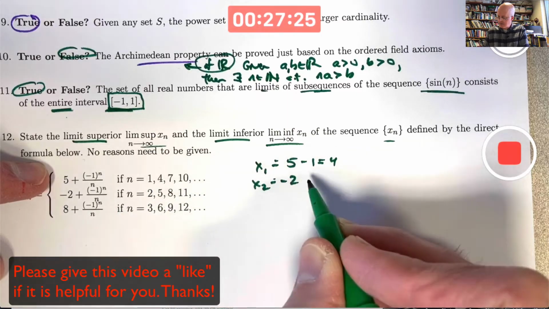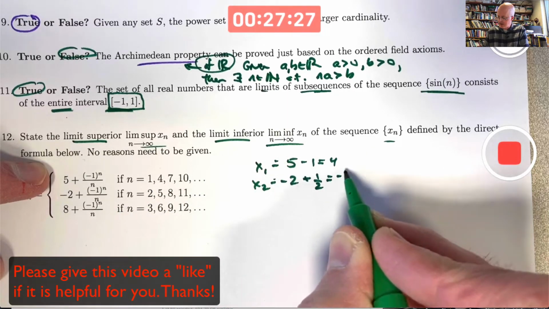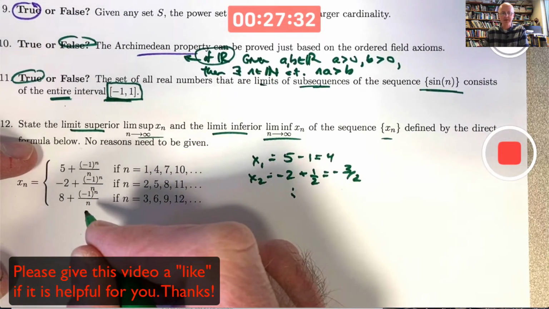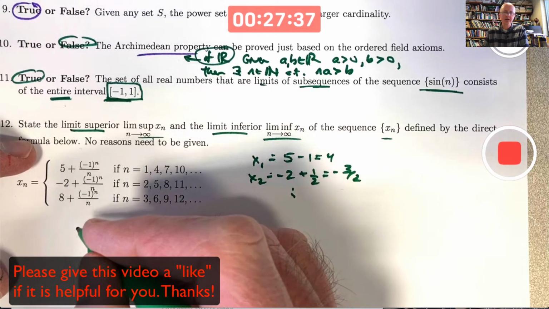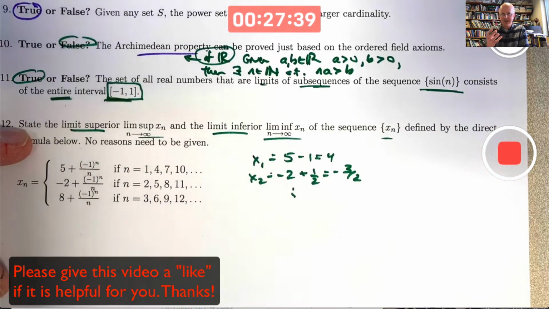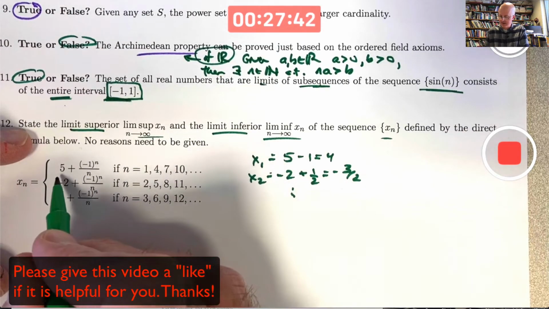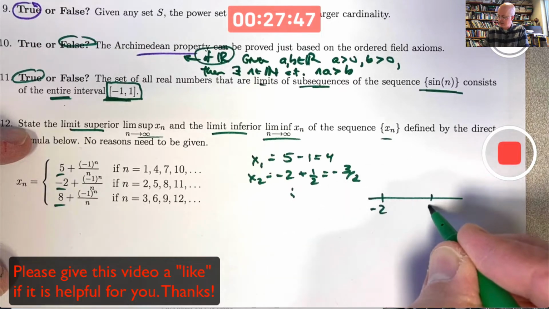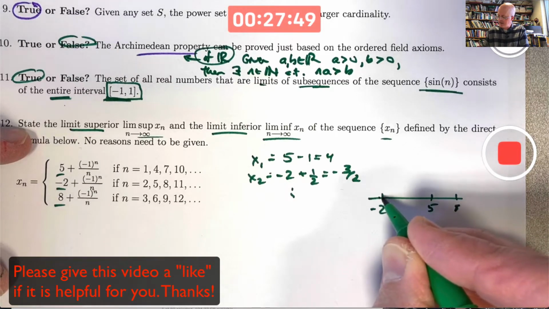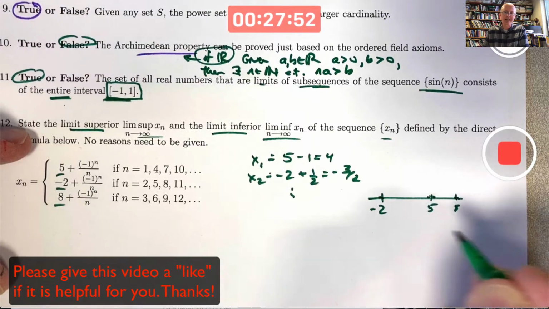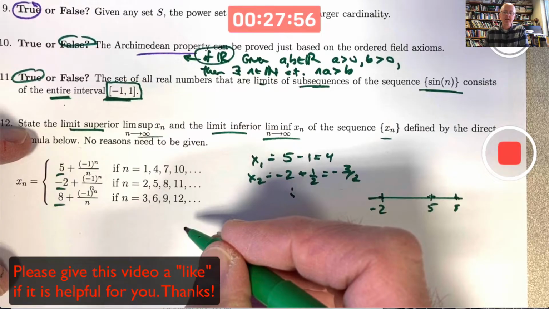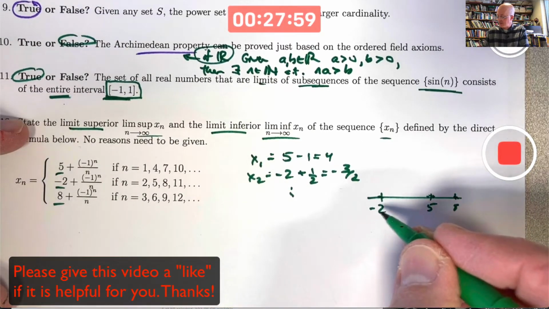If n is 2 there, you'll get plus 1/2 is negative 3/2, etc. You could go ahead and figure out those numbers, but I hope it's pretty clear looking at these formulas that the terms of the sequence sort of get closer and closer to 3 different numbers, 5, negative 2, and 8. On a number line, you could try plotting these things, negative 2, 5, and 8, and you'd see that they're clustering near those numbers as n continues to get higher and higher, but bouncing back and forth because of the piecewise nature.